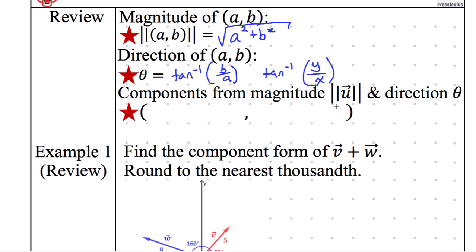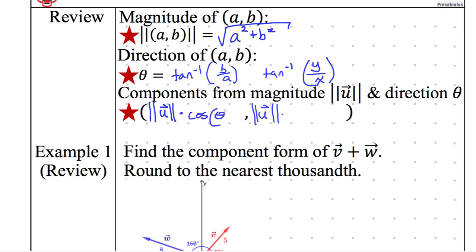Okay. Components from magnitude. So that's the stuff that we did in our last lesson yesterday in our review. So if I have magnitude and direction, how do I get back to component form? You do V, the two lines, times cosine and sine.